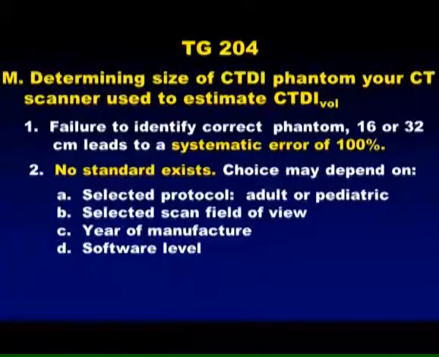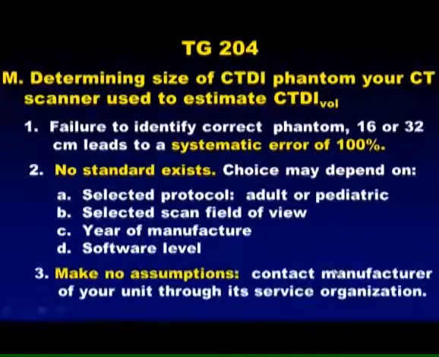Abdomens may be represented with the 32 centimeter phantom for all patients. Some manufacturers use the 16 centimeter phantom for small patients. Some manufacturers use the 32 centimeter phantom for large patients. There is a mix, so what we recommend is that you make no assumptions.